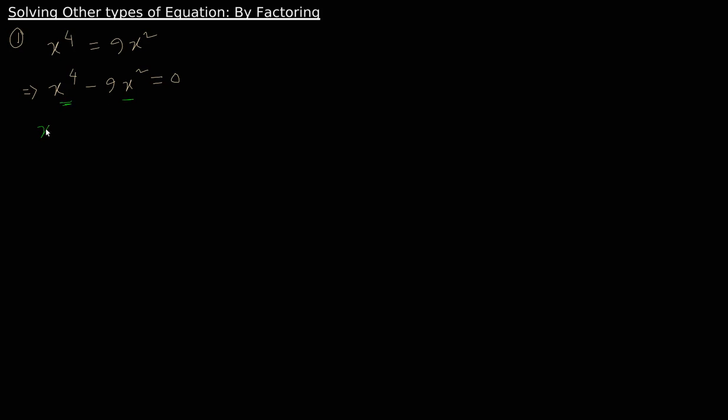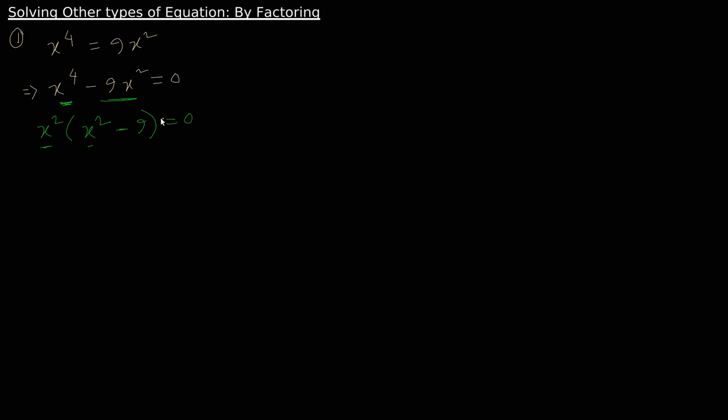Okay, so if I take x square common, out of x power 4 I am left with another x square. So if I multiply x square and x square, I get x power 4. And out of 9x square, if I take out x square, I get negative 9 equals 0.